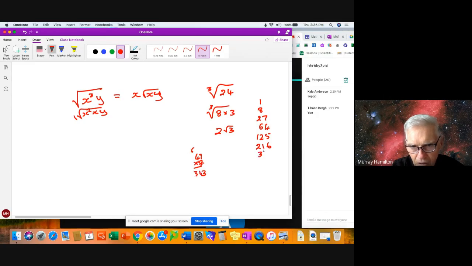So those are your cubic numbers up to 7 cubed. 8 cubed, I forget what it is, 500 and something. So those are your cube numbers.